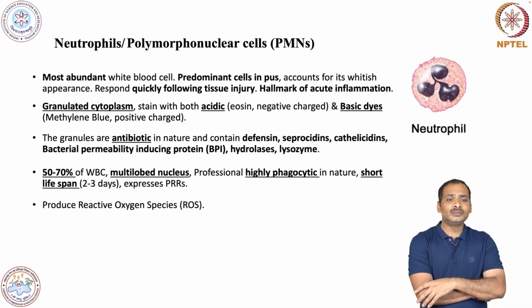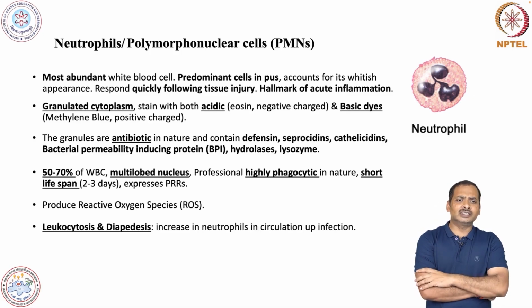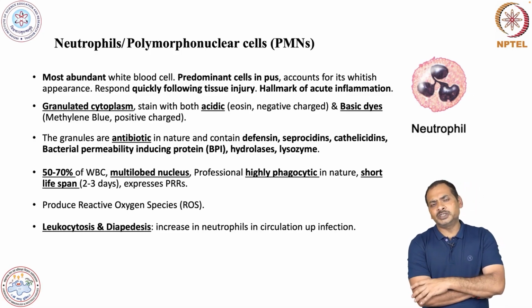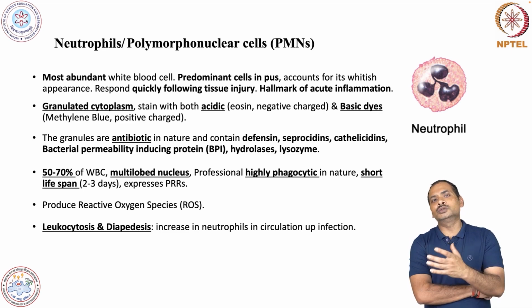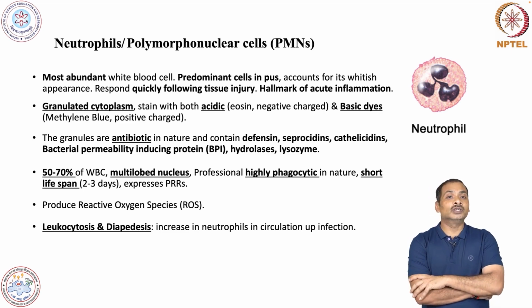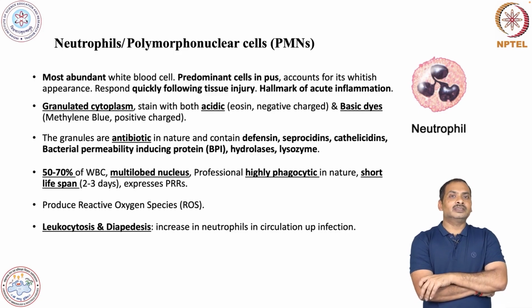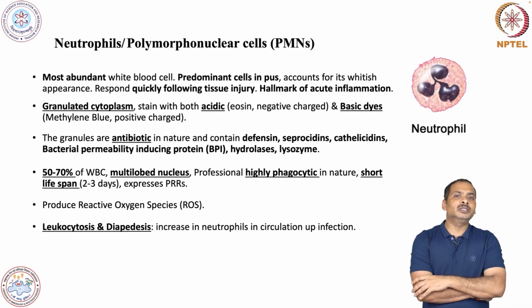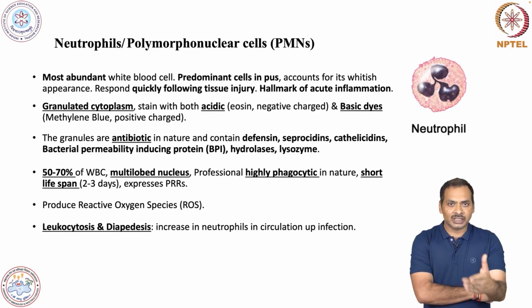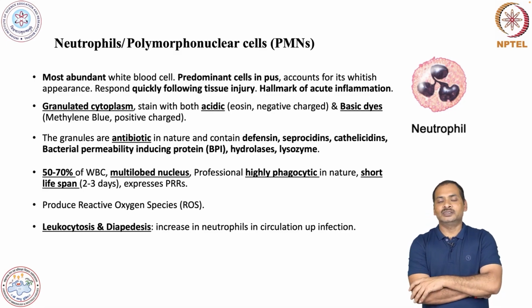Okay. And basically this reactive oxygen species is produced by the action of one very important enzyme known as NADPH oxidase. Okay. And if there is some problem in NADPH oxidase, then that individual will develop some kind of disease, which I will discuss in a subsequent slide. Okay.